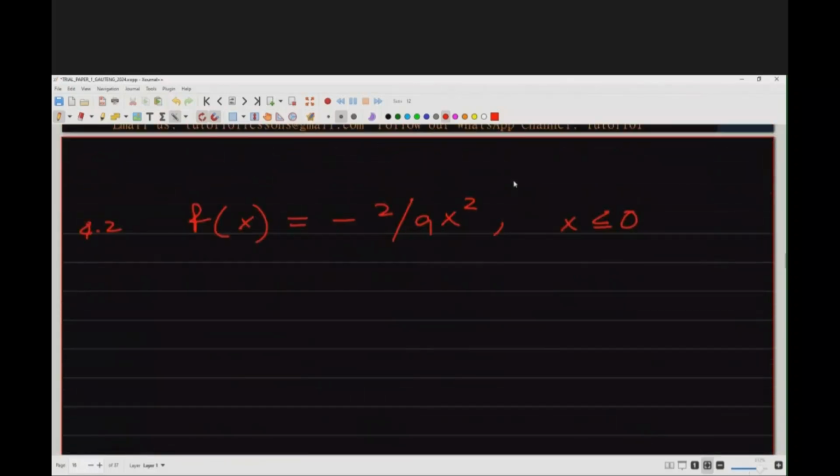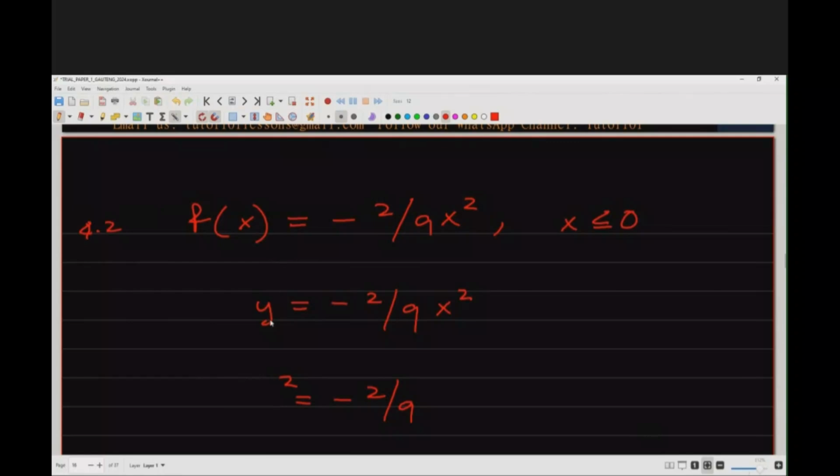So for the inverse, our equation was f of x is equal to -2 over 9 x squared.